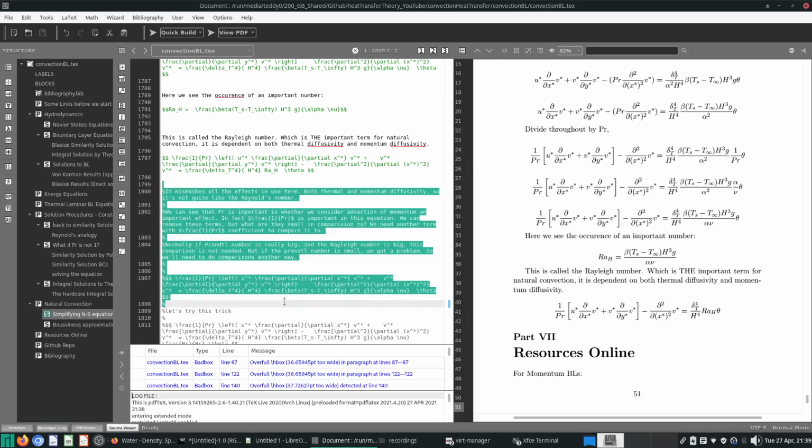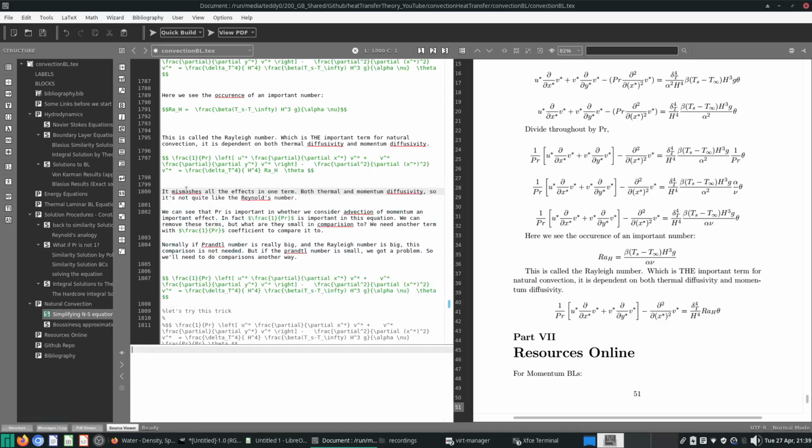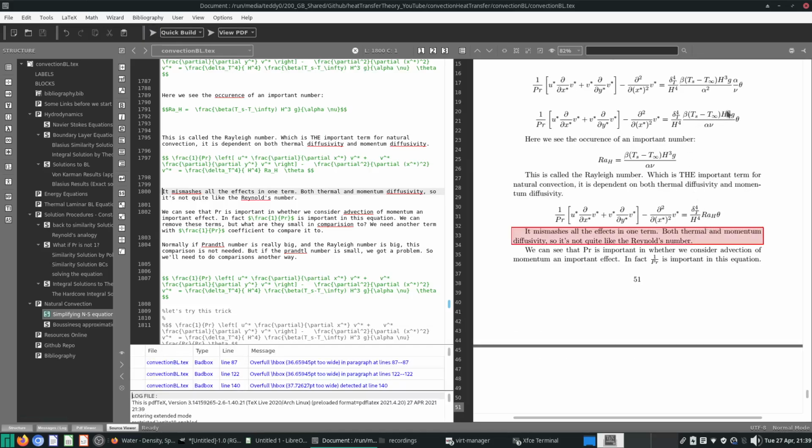So let's see, what does it try to describe? Okay, there are the buoyancy forces here, beta times Ts minus T infinity. Then you have the height cubed and g. Well, these are the beta, Ts minus T infinity, and g. They describe the buoyancy forces.